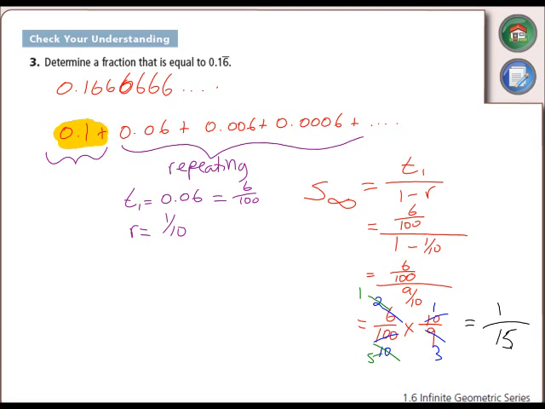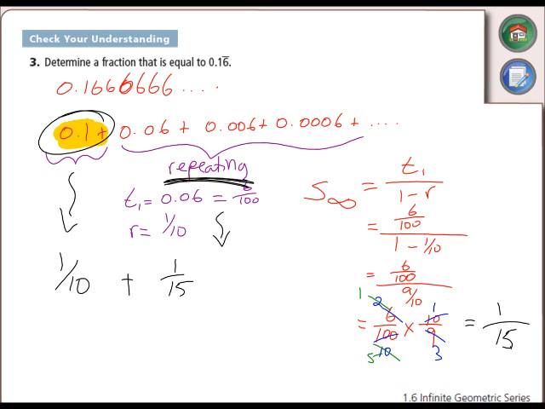This is just the repeating part. The repeating part is 1/15. Now I've got to add it to my beginning part. That was 0.1, or in other words, 1/10. Plus, this part came out to be 1/15. And now we got to add some fraction work. 1/10 plus 1/15.